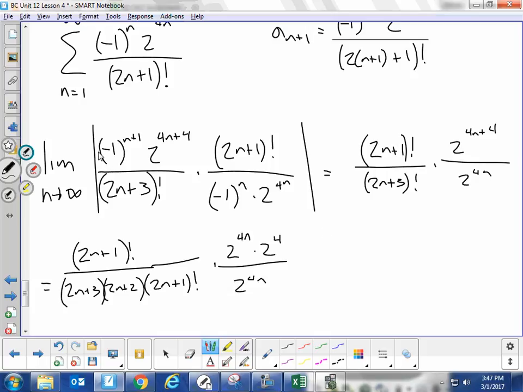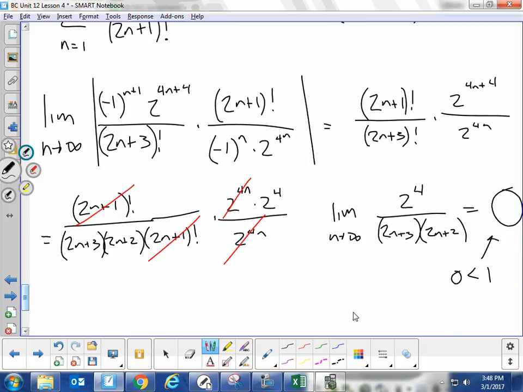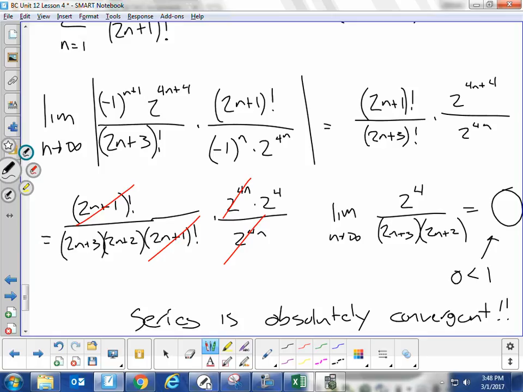I got rid of the absolute value when I got rid of the negative 1 to the n. Showing the proper steps, doing this carefully.